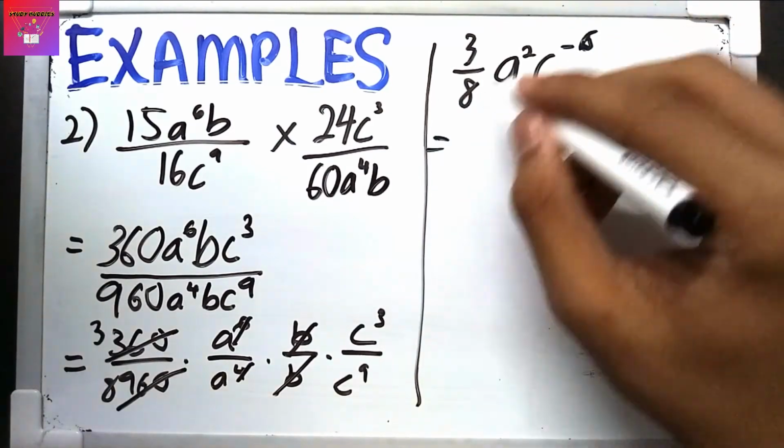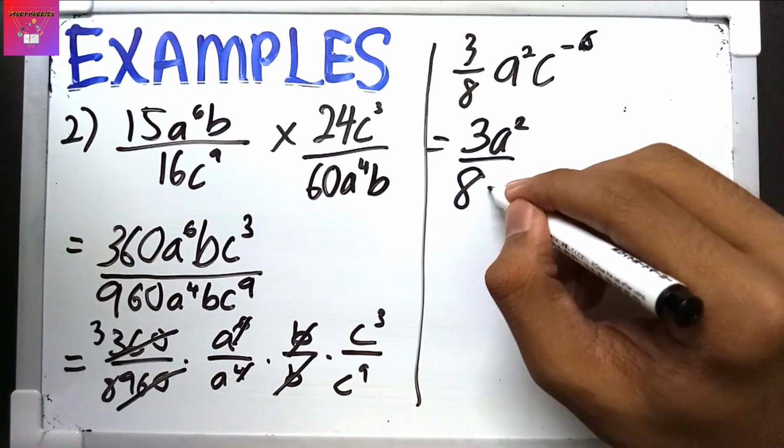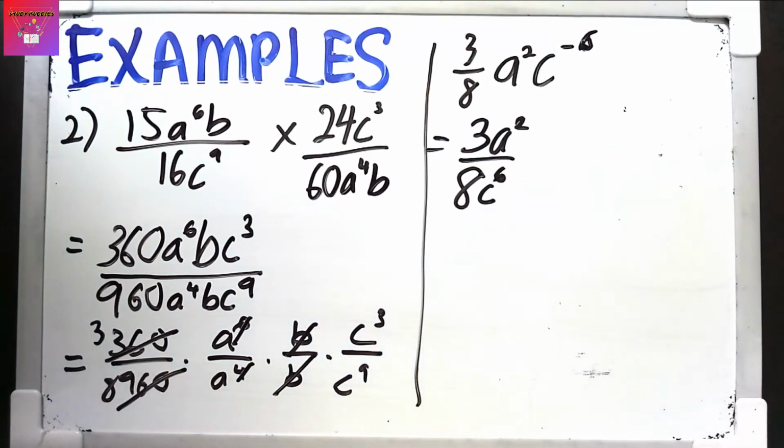Since it's a negative, you have to bring it to the bottom. So the answer is 3a square over 8c6.